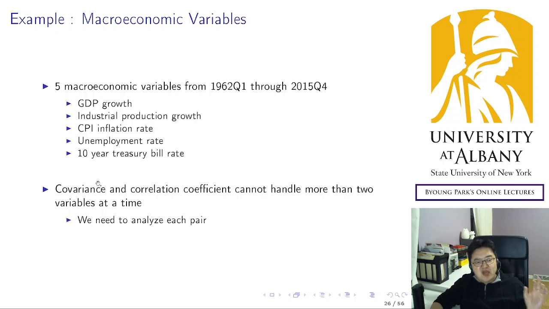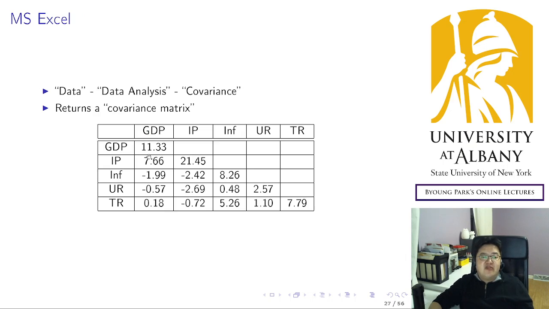Therefore, to apply the covariance, we have to calculate the covariance for each pair. So using the 5 variables, you can choose different pairs, and for each pair, there is a covariance. Then, as a result, you can make a covariance matrix.